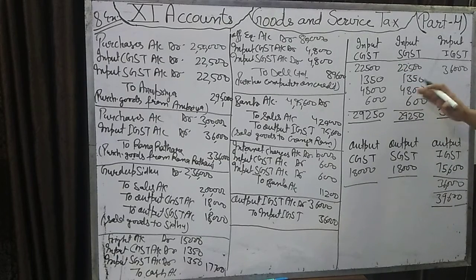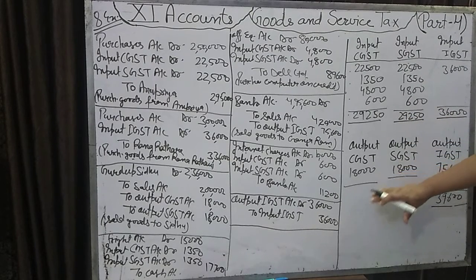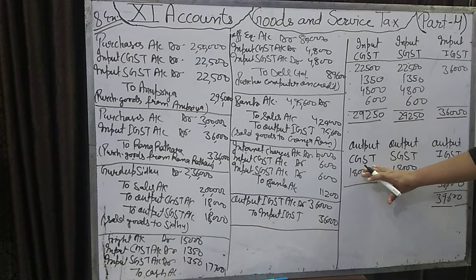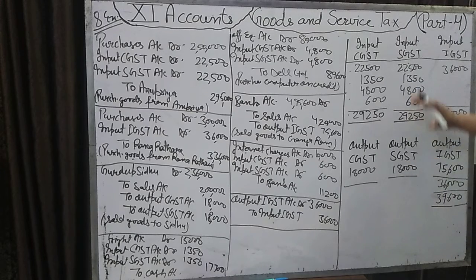But after the adjustment of output CGST and SGST. So first of all, after adjusting the IGST, we will adjust the output CGST from input CGST and output SGST from input SGST. Okay.